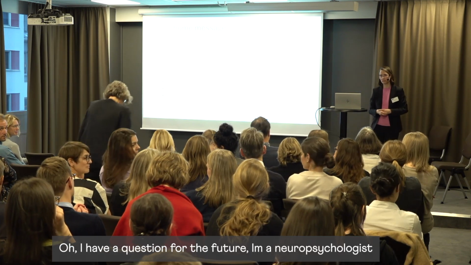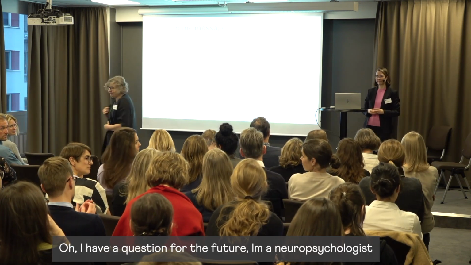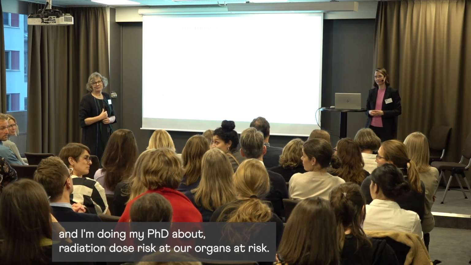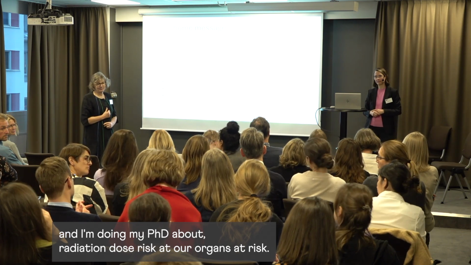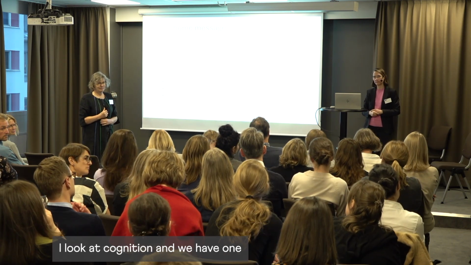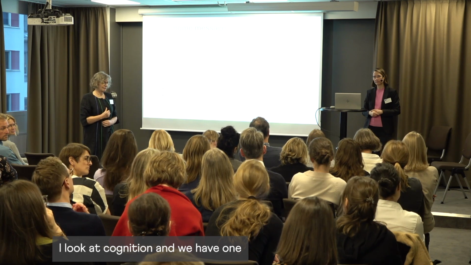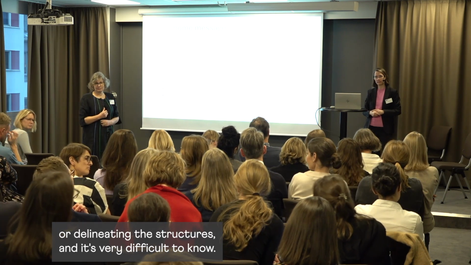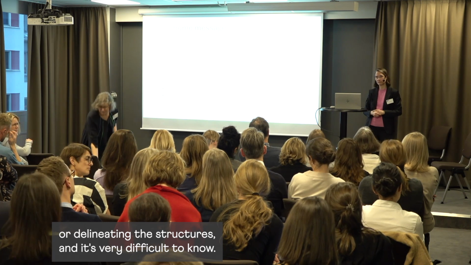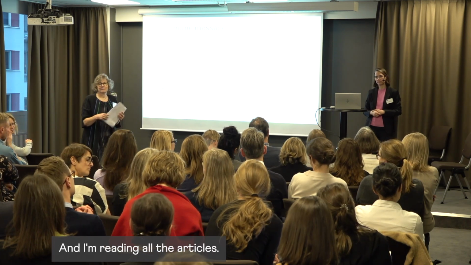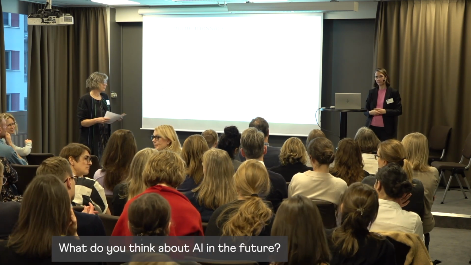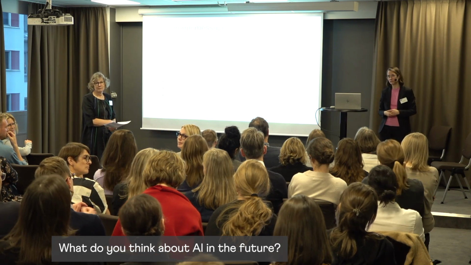I have a question for the future. I'm a neuropsychologist, and I'm doing my PhD about radiation dose risk to organs at risk and looking at cognition. We have been delineating the structures, and it's very difficult. When I'm reading all the articles, what do you think about AI in the future?